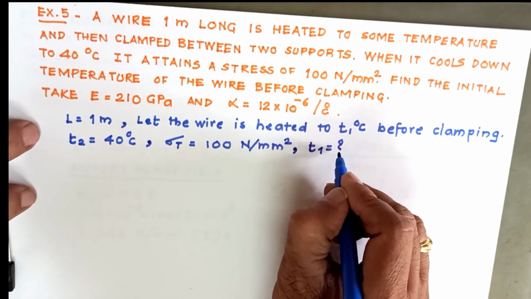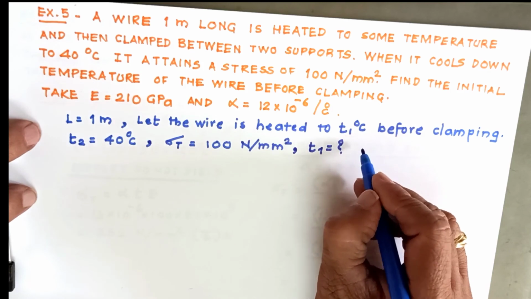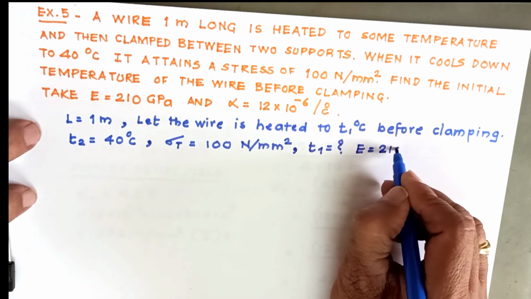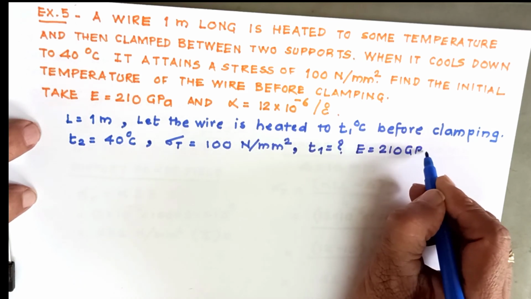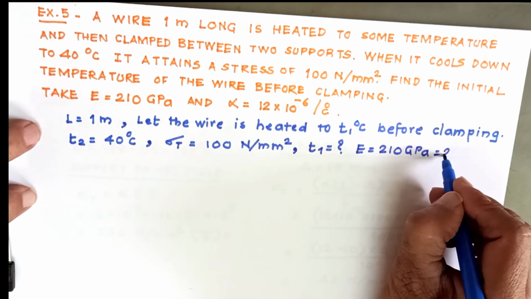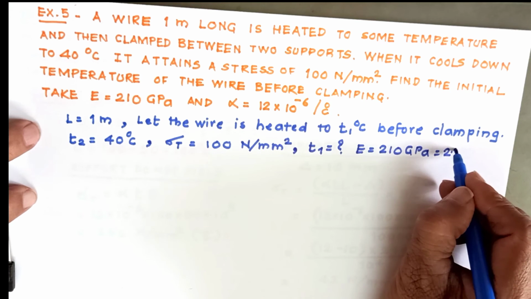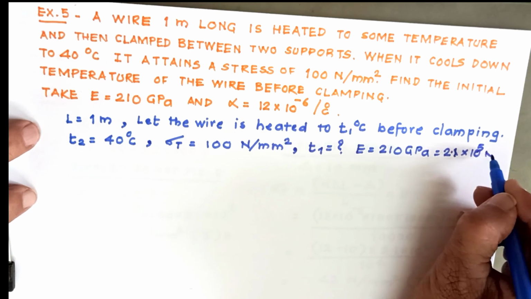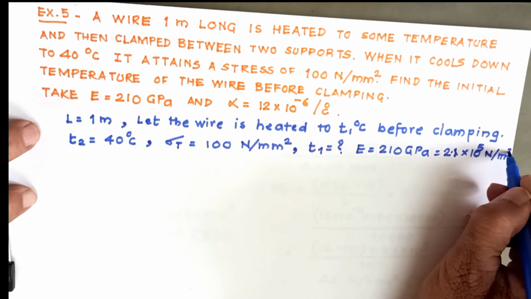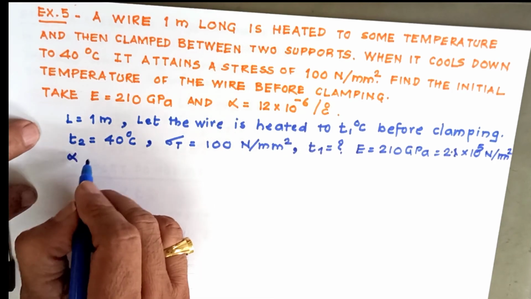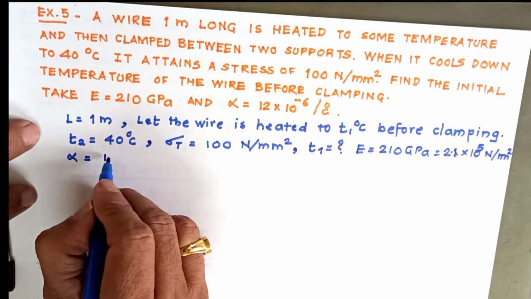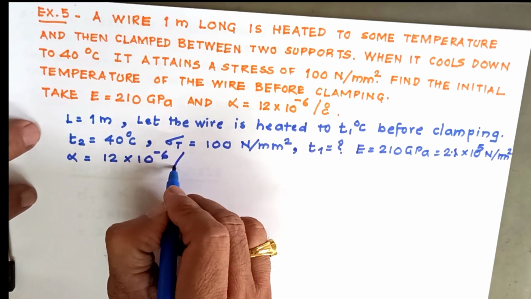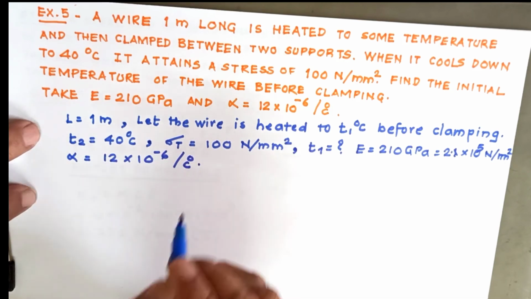Means we have to find out the value of T1. We are given E as 210 GPa, means what? 2.1 into 10 raised to 5 MPa, that is Newton per mm square, and value of alpha is also given, that is 12 into 10 to the power minus 6 per degree Celsius.